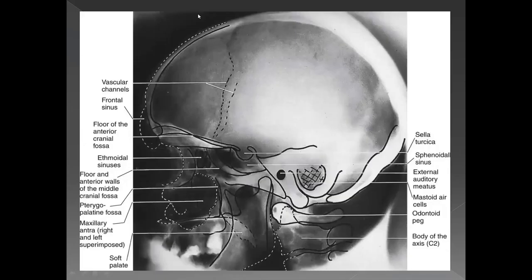So what is the anatomy that you see? You can see the frontal sinus over here. You can see the sella turcica area over here. Below the sella turcica, you have the sphenoid sinuses. You have the external auditory meatus, mastoid air cells, the cervical vertebrae here, the condyle over here, the coronoid.